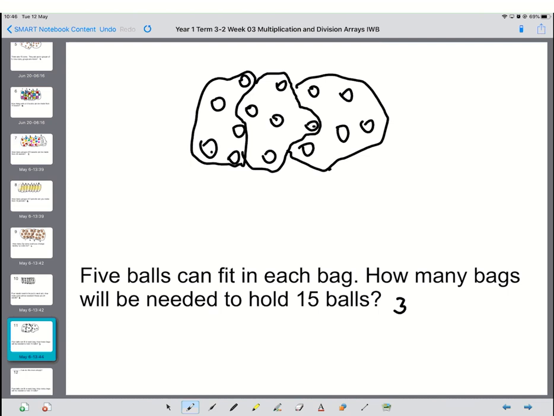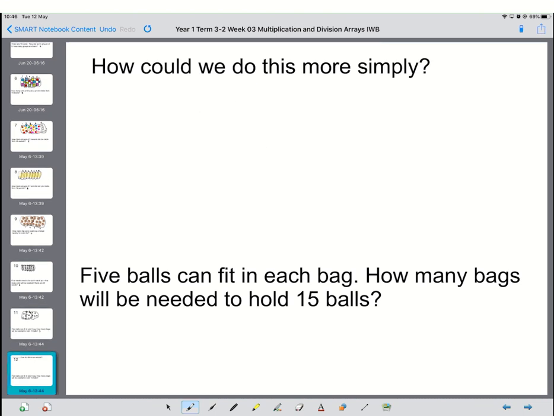Now I want you to think about that, because I just put the balls willy-nilly. Could I have done it better? How could we have done that so that they actually fitted more neatly? Have a go at drawing an array showing 5 balls and doing them like we did when we did this sum.